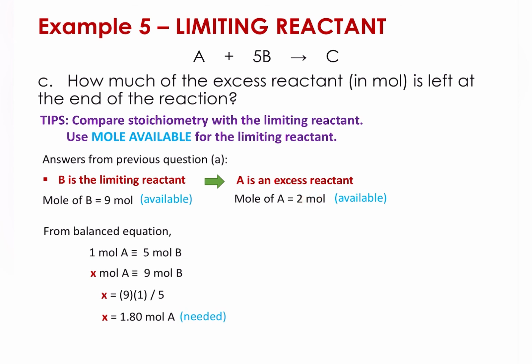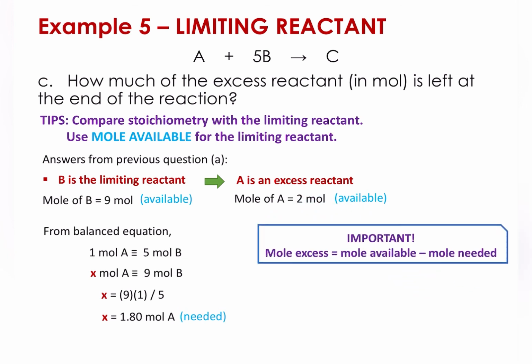So, cara untuk find out the baki, kita mesti gunakan formula di mana mole excess equals to mole available minus mole needed. So, kita ada mole excess of A where mole available adalah 2 minus with mole needed adalah 1.80 mole.